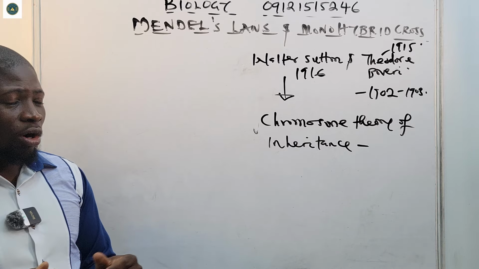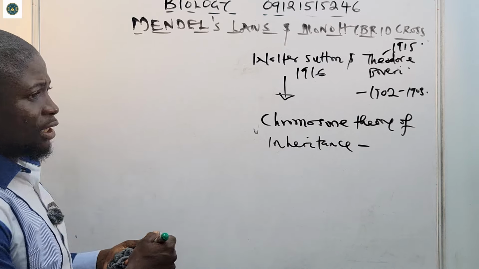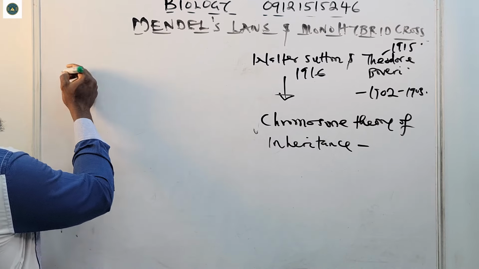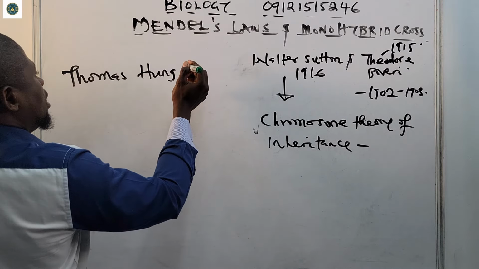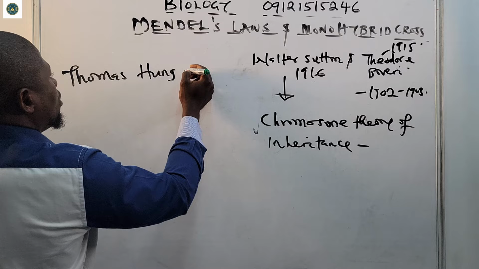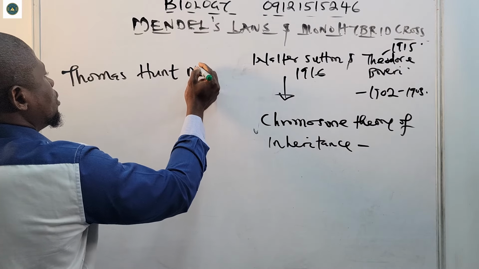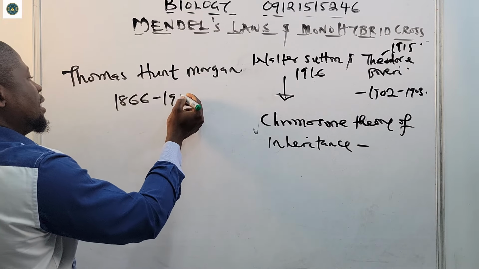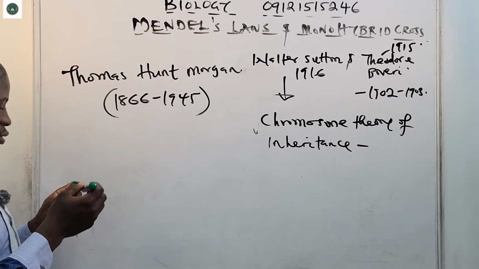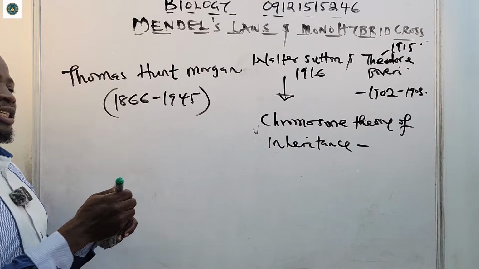Another scientist that worked on genetics was Thomas Hunt Morgan. This one lived from the year 1862 to 1945.